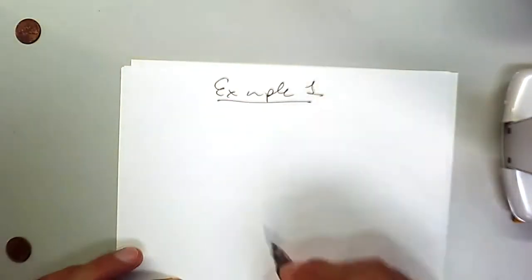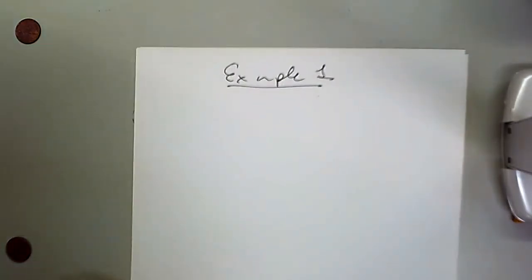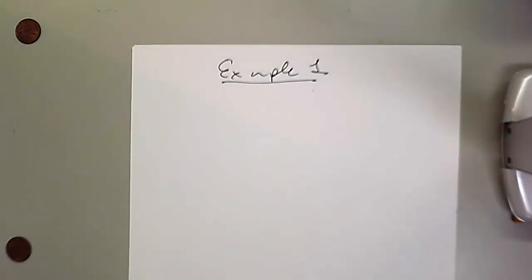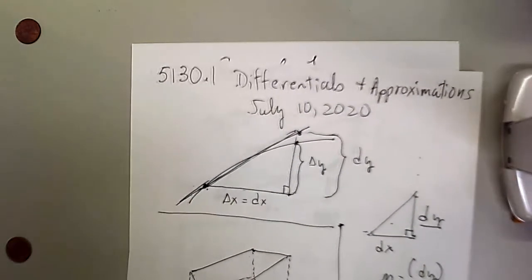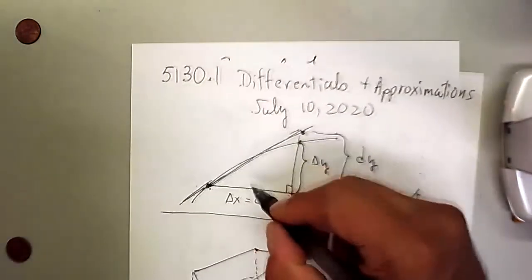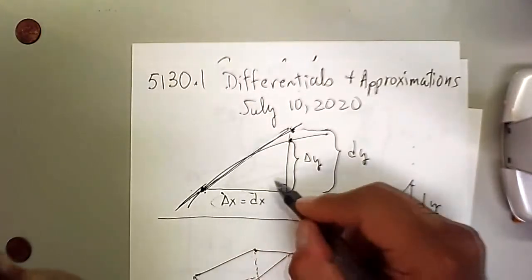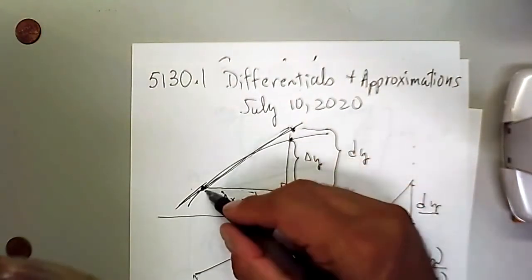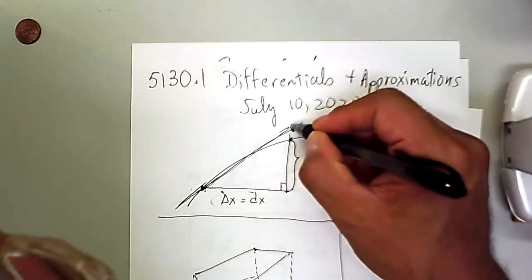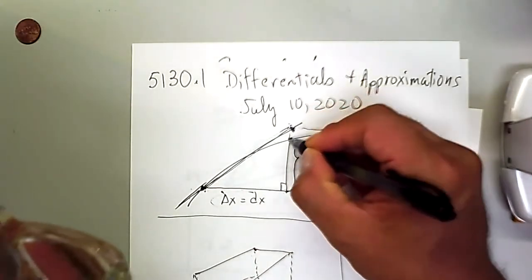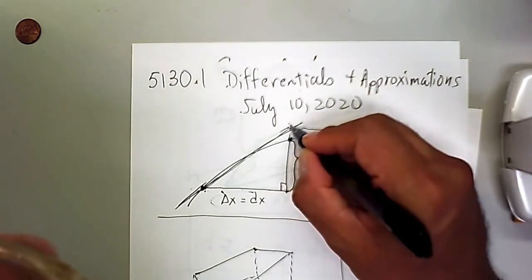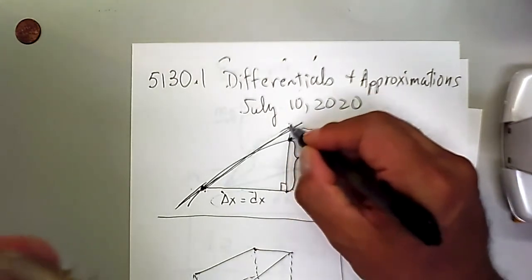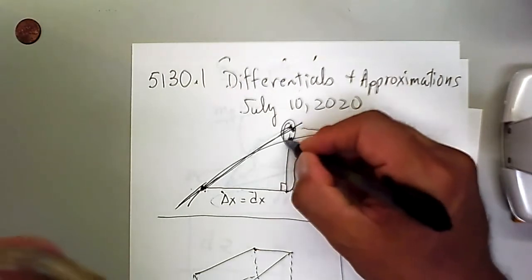Example 1. One thing we could do with differentials is approximate outputs of a function. If the differentials are small enough, the difference between the real output and the output using differentials is very tiny.